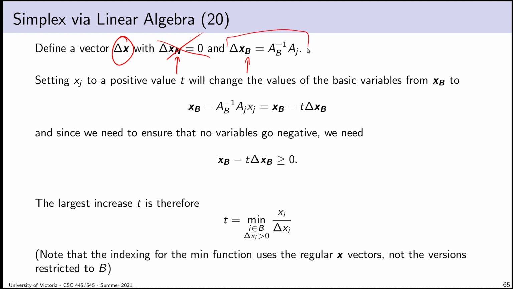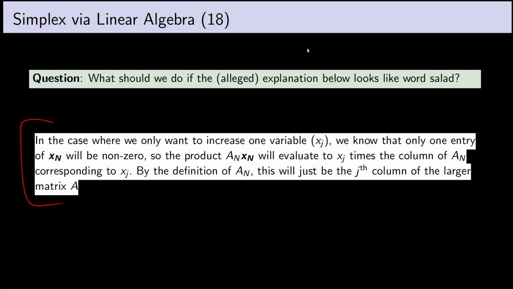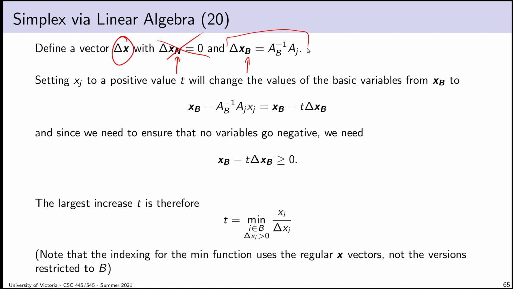So if I set xj, some particular choice of xj, to a positive value t, then by these examples we just went through, and intuitively due to what we saw earlier, the basic variables will go from having these values, which we computed at the beginning of the iteration, to this. This will be the new value of each basic variable.